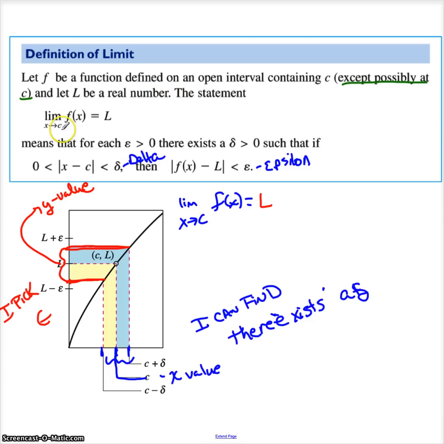The statement the limit as x approaches c of f of x equals L means for every epsilon greater than 0, so for every epsilon you can find, there exists a delta such that if the absolute value of x minus c is less than delta, so x is arbitrarily close to c, then the absolute value of the function minus the limit is less than epsilon.